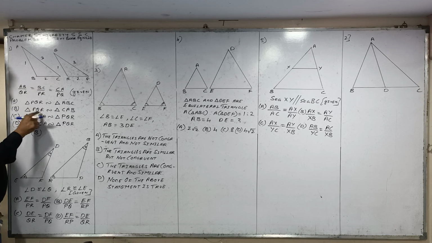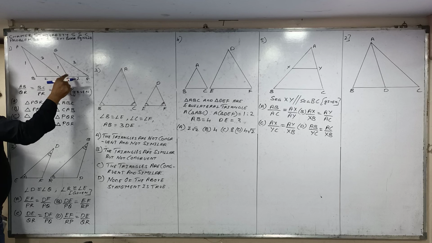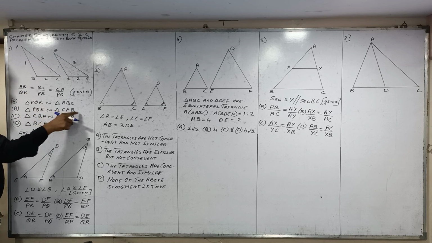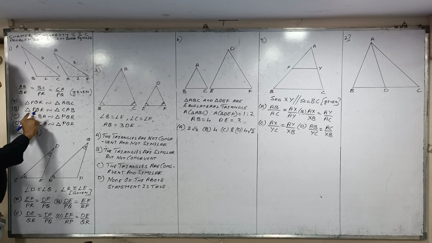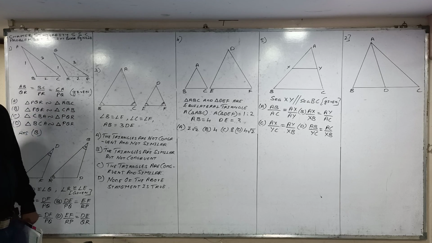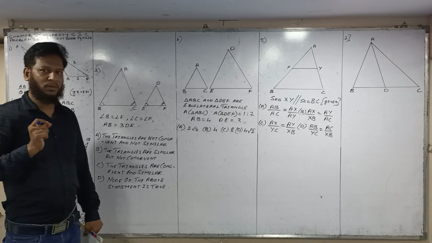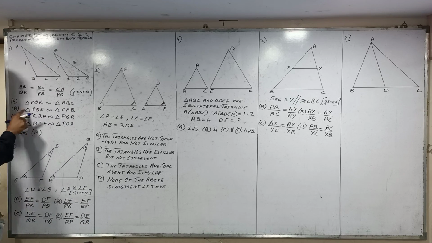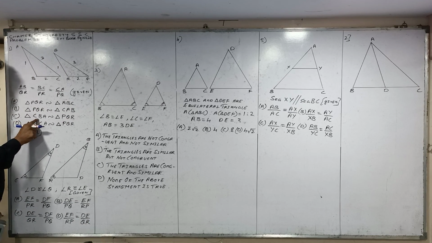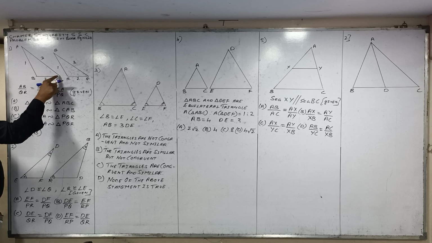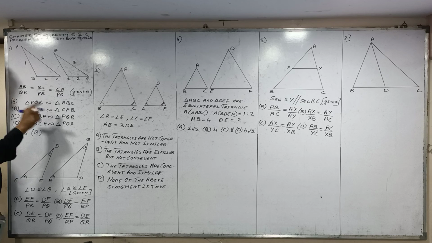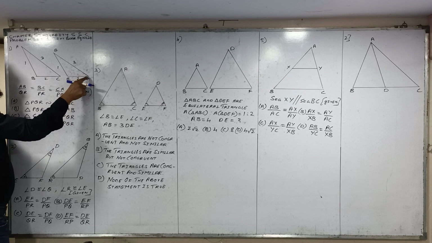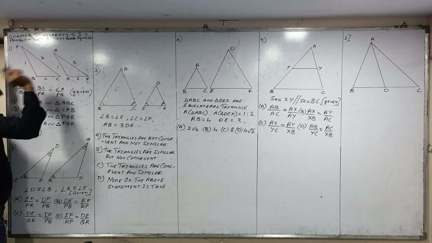C. PQR from 3 to 1 and CAB. When you are writing similar triangles, you have to write in proper correspondence. That's why we are getting this answer C. For example, in CBA, we go from the second side to the first side, and in PQR from the third side to the first side.